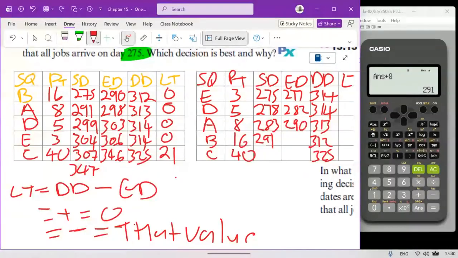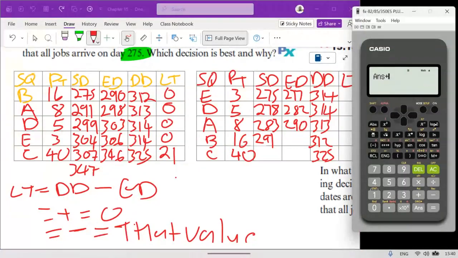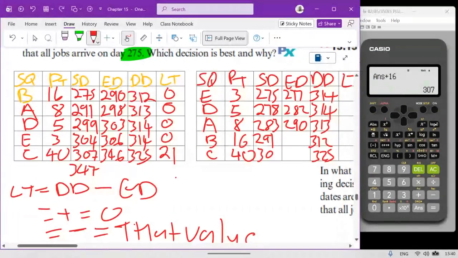Then plus 16, then you get 307. Then we get 306. Then with the one for 40, it's going to leave us at 347. Then this one becomes 346.